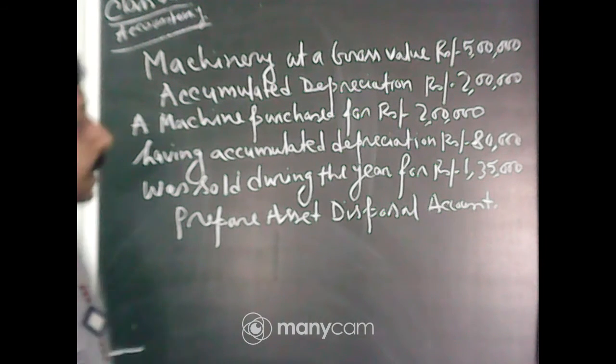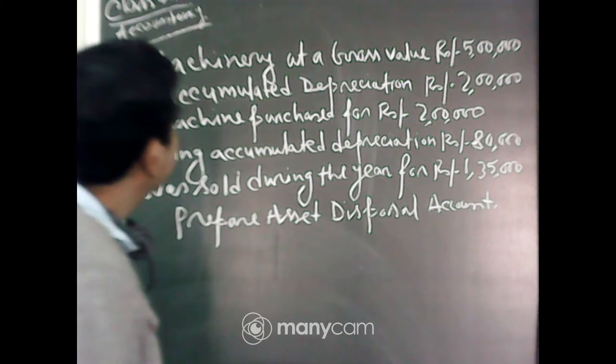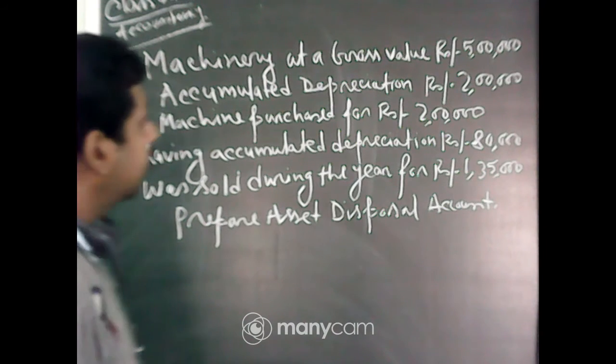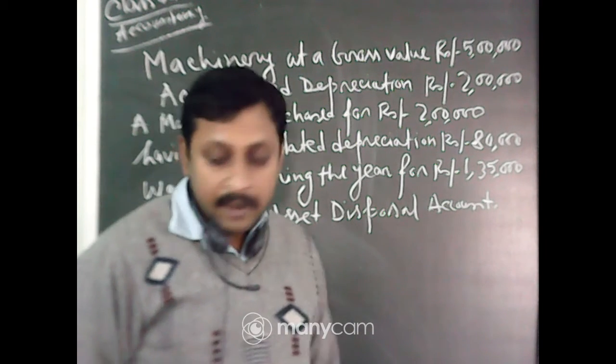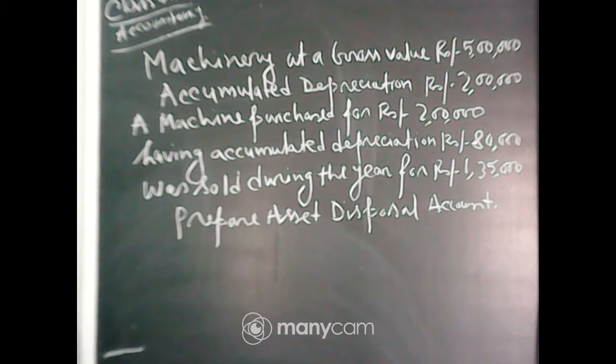So in that example, you can see the company has total machinery at a gross value of rupees 5 lakh, and total accumulated depreciation as of that date is 2 lakh.